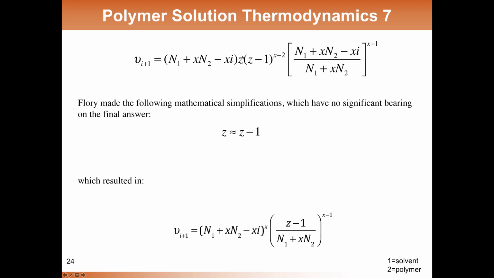He replaced z by z minus 1. There's no physical reason to do that. It just makes the mathematics a little bit simpler, because then this becomes z minus 1 to the x minus 1, so it can be loaded into the numerator of this expression, and the top piece can come out to go with this one to give this expression raised to the x power.